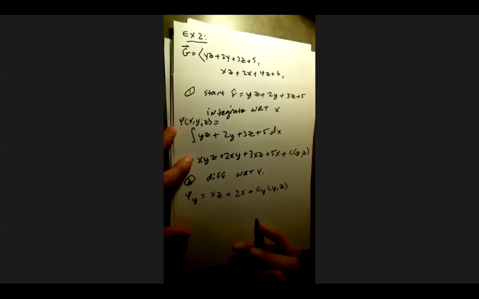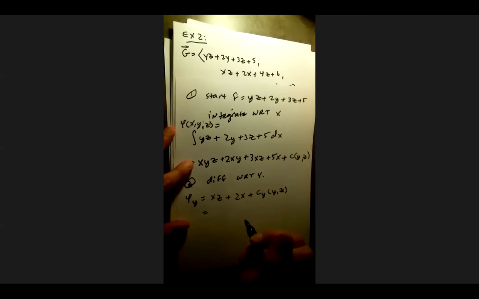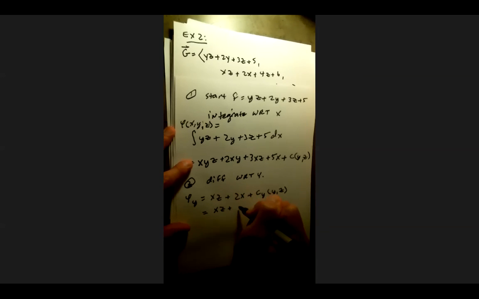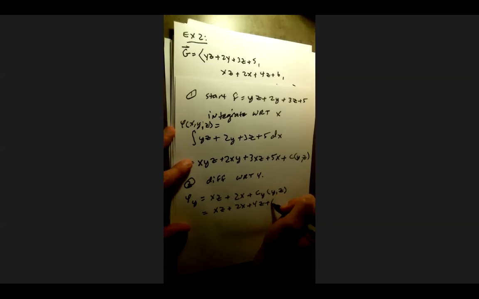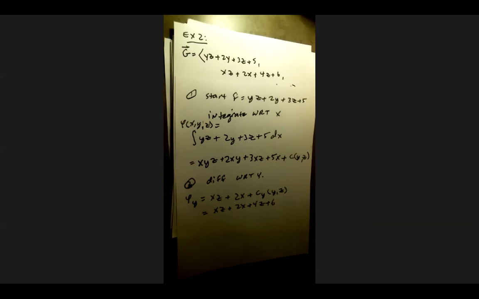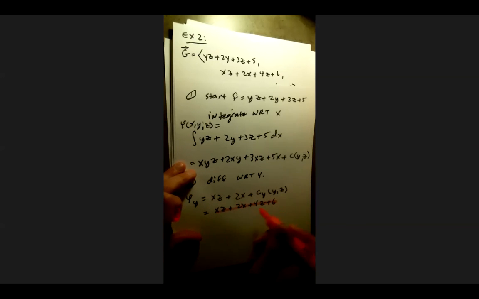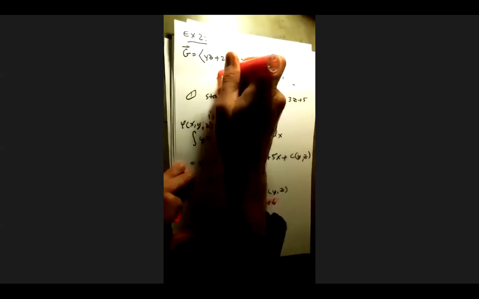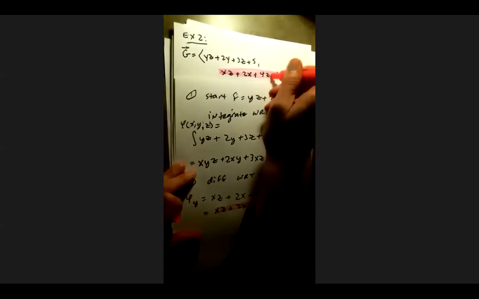And we're going to set this equal to our g function, which is xz plus 2x plus 4z plus 6. So we're setting it equal to the second component.